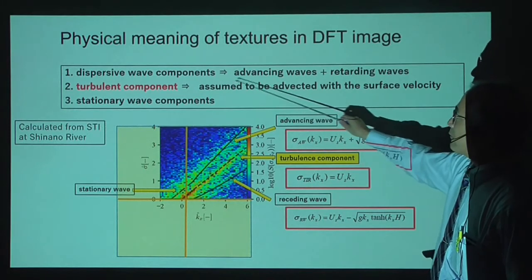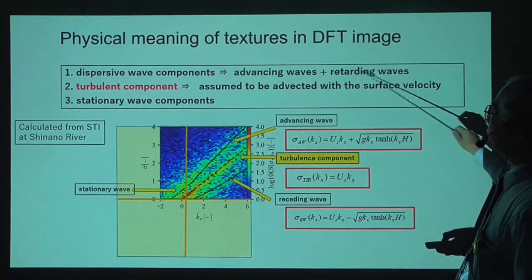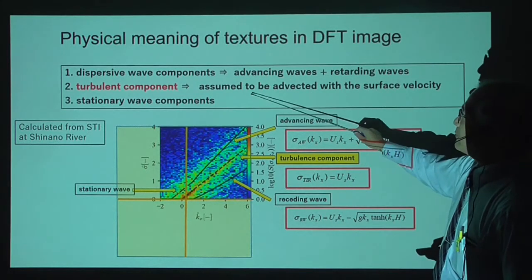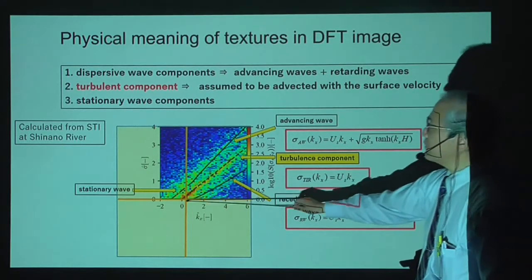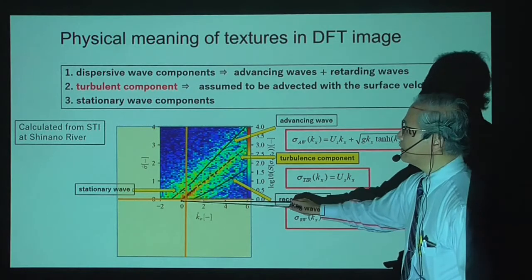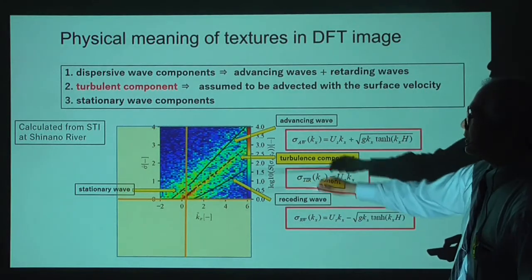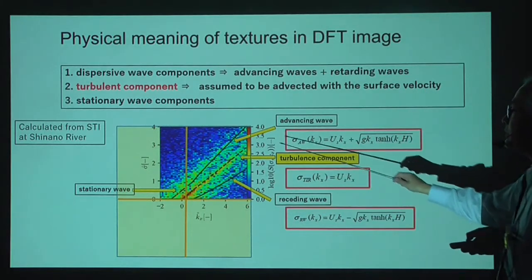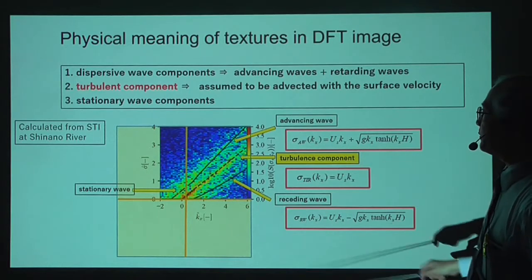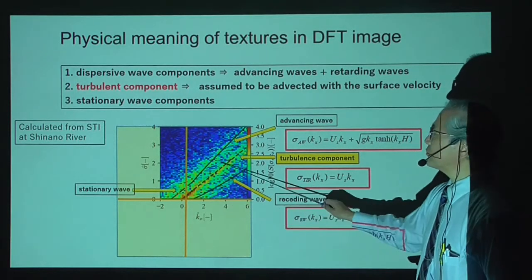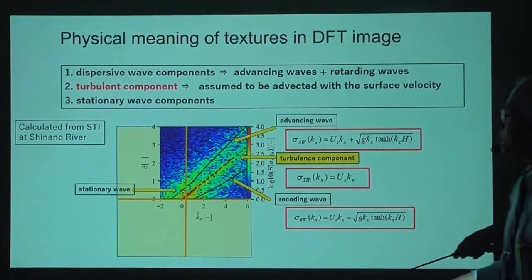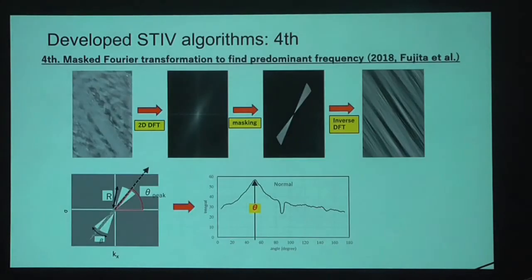Some are dispersed wave components, advancing waves, retarding waves, and some are turbulence. And what we have to pay attention to is the turbulence component. This is the line here. This is a spectrum of the Fourier transform image of the space-time image. So we have to be careful that we pay attention only to the turbulence component here.